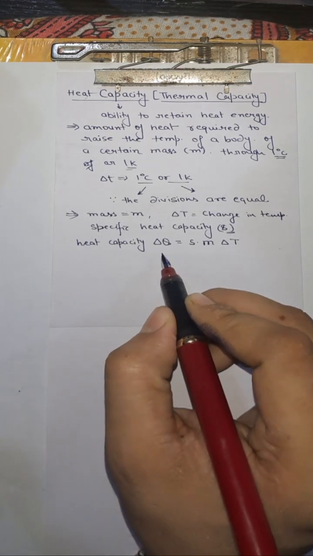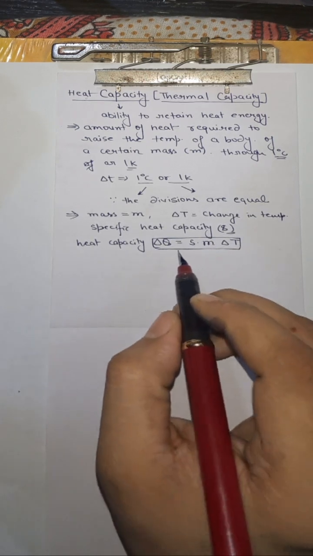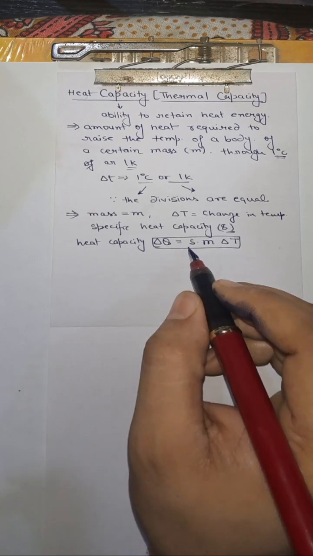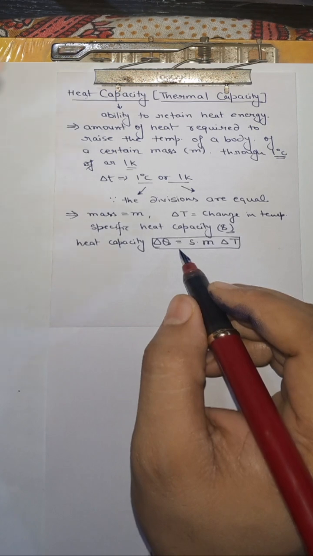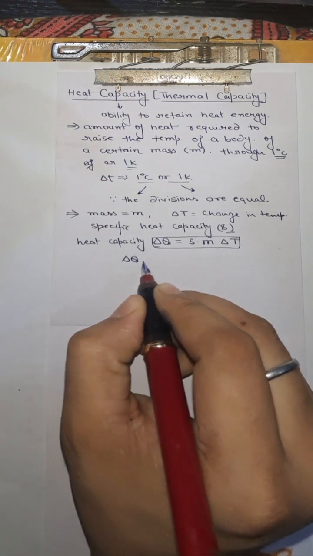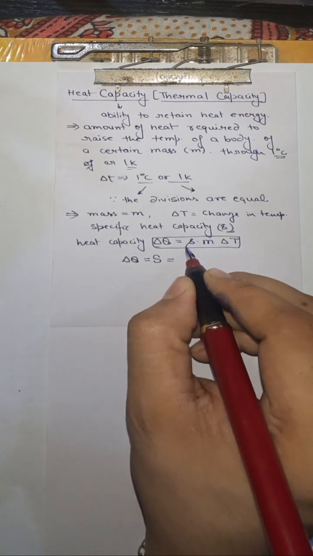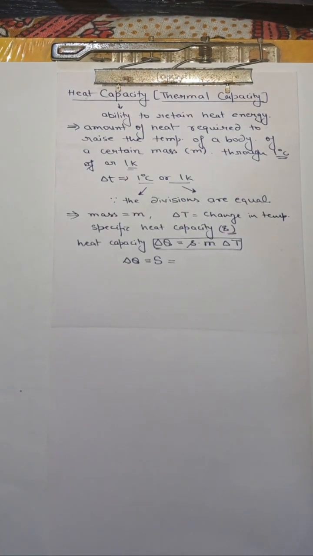So since previously we have gone through this formula, at M equals 1 and delta T equals 1, delta Q was nothing but equal to S. So in this condition, what do we observe? That delta Q could be written as S, this is capital S, and let this be small s, to avoid confusions, let us make some small difference.